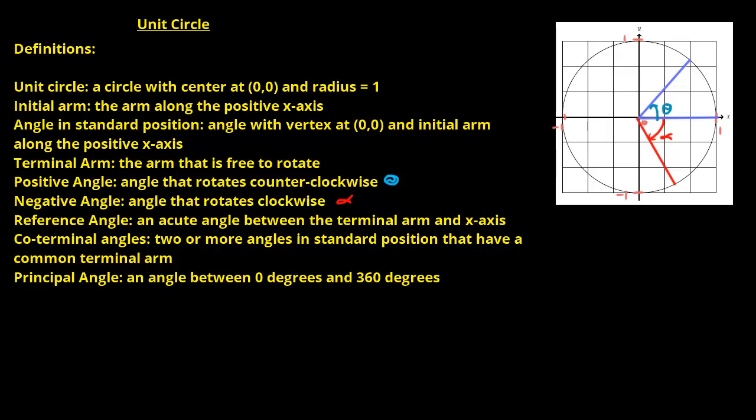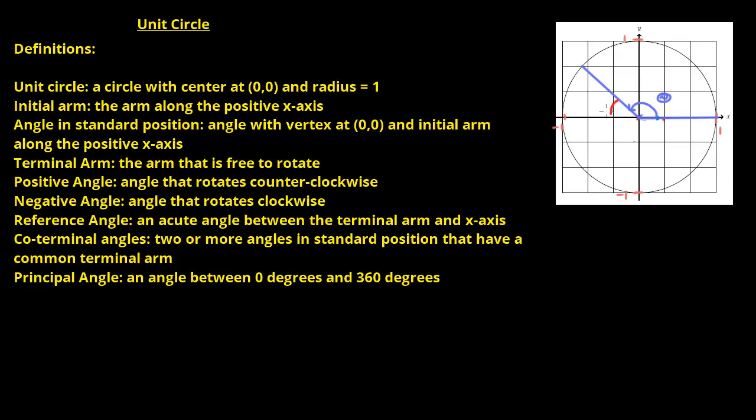Let me erase some of this here, just to make things a little bit simpler. Let's suppose that we have now an angle that is drawn like this. Let's call this angle theta. Well, the reference angle would be the angle that's drawn between the terminal arm and the x-axis.